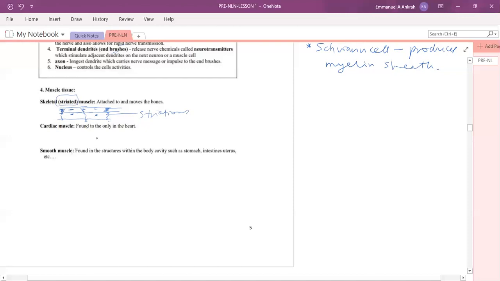Then the cardiac muscle, which you find in the heart. The diagram looks like this. You have something that looks almost like the skeletal muscle, but then they show branching. They are interconnected. So one cell will be connected to the other cell like this.